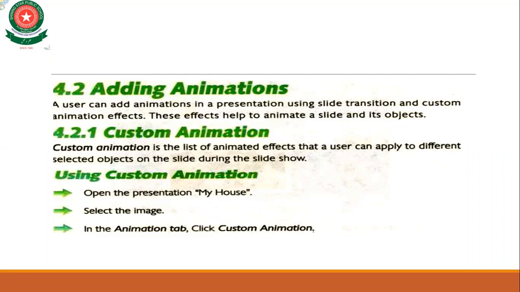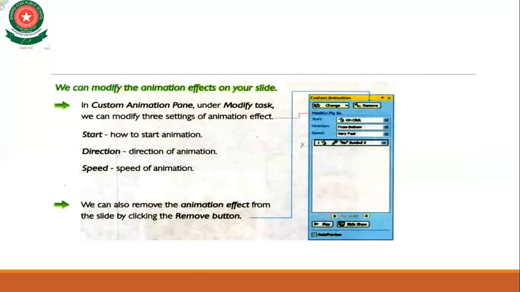In the Animations tab, click Custom Animation. The Custom Animation task pane appears here. Click Add Effect, then Entrance, then Checkerboard. Select the Slide Show button to view the full-screen animation effect. So that is the way you can see the slideshow having an animation.